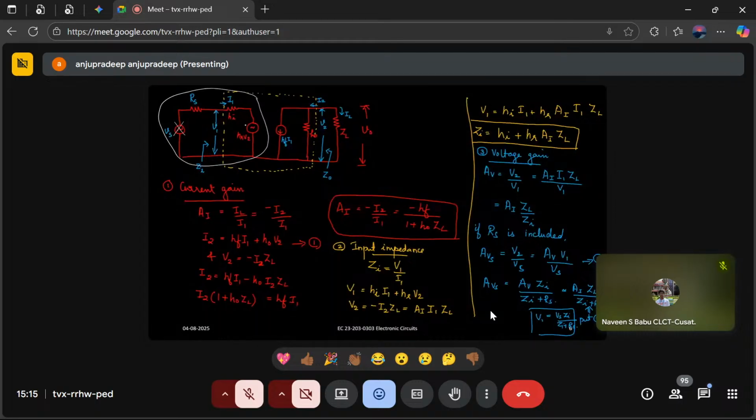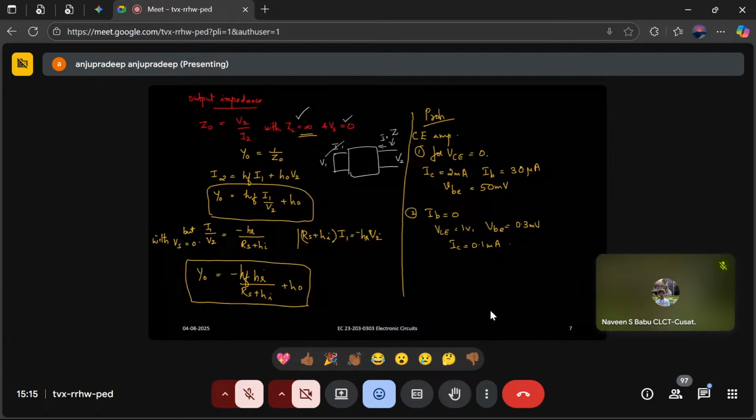So now the HRV2 is the source, only source available here. That means RS plus HI into I1 will be equal to minus HR into V2. That is what we have written here. Only then around the loop voltage will be equal to 0. So from here I can write I1 by V2 is equal to minus HR divided by RS plus HI. So substituting that, we'll get Y0 is equal to minus HF HR divided by RS plus HI plus HO.